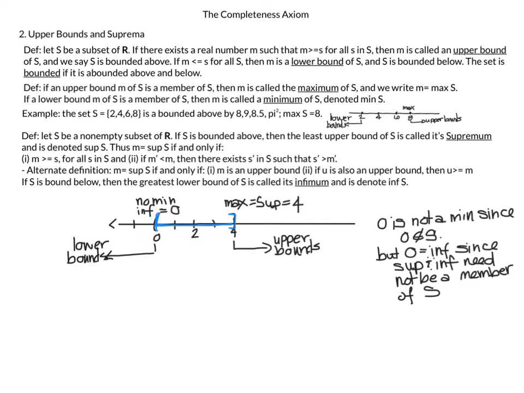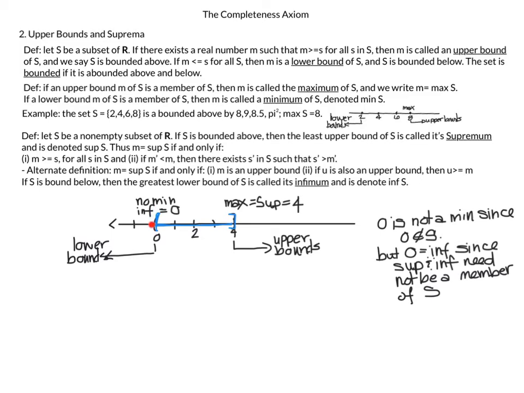There's an alternate definition of the supremum. M is the supremum if and only if M is an upper bound, and also if U is another upper bound, then U is greater than or equal to M. So again, it's the idea that it's the least upper bound. Remember, here I have the maximum, which is also the supremum, but there are many other upper bounds, an infinite number of upper bounds as long as you're greater than 4. So again, let's look at this example.